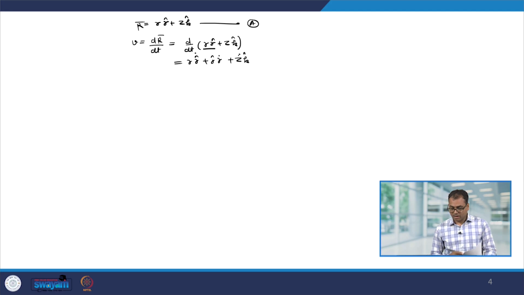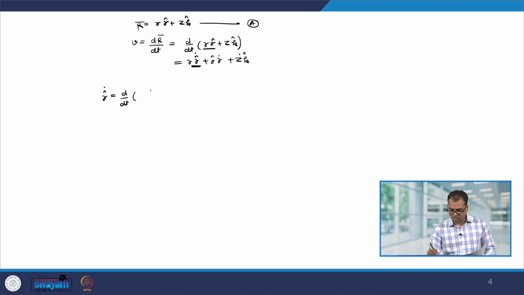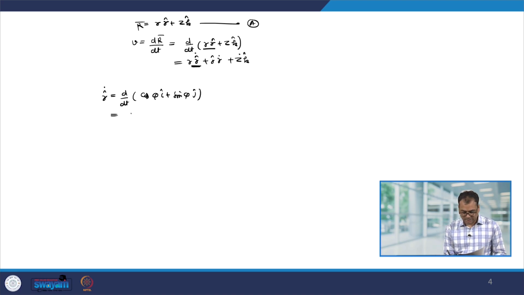Okay. Now as earlier we have to find out what is the derivative of r cap. So let us look at the derivative of r cap dot, this is nothing but d over dt of r cap, and r cap we have already found out from equation number 1. It is cos phi i plus sin phi j. So let us look at the derivative.